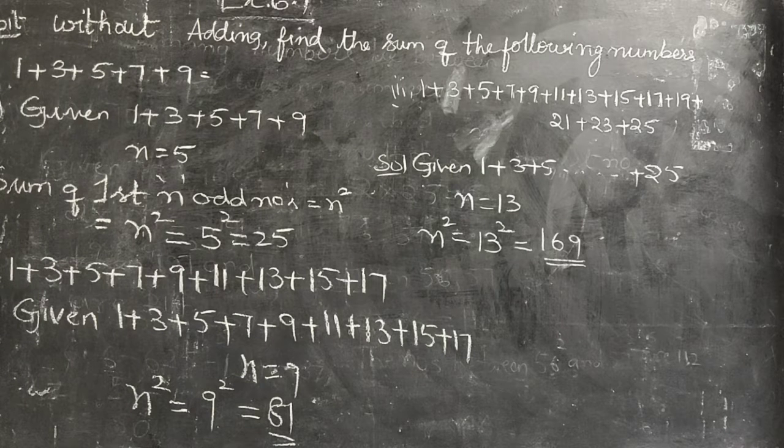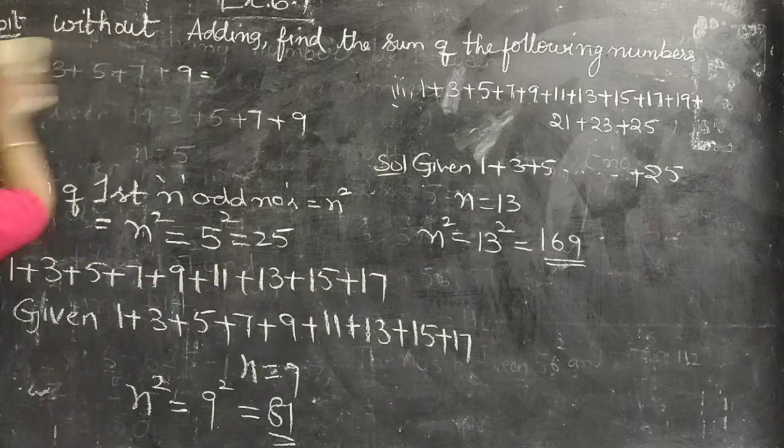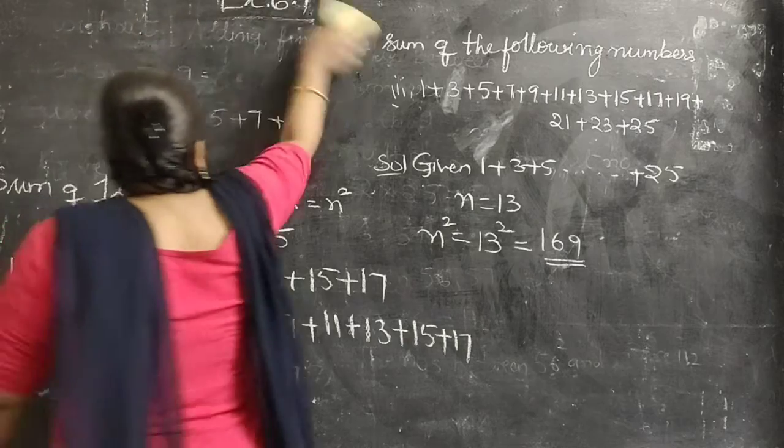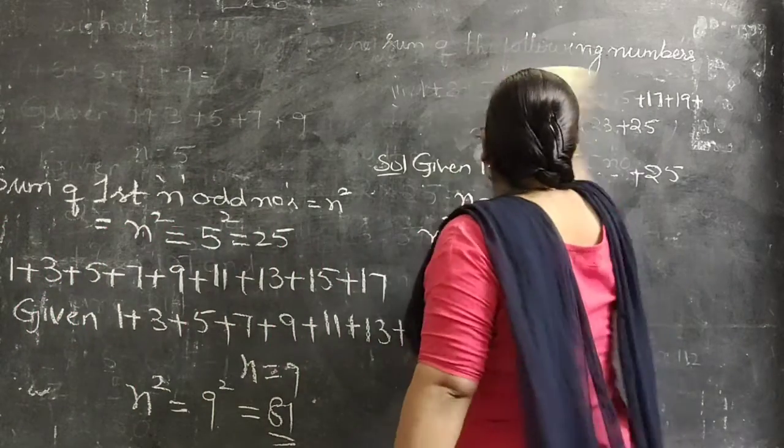Next is exercise 2. Already I told you how to do the prime factorization. So by doing prime factorization, we have to find the perfect square number.